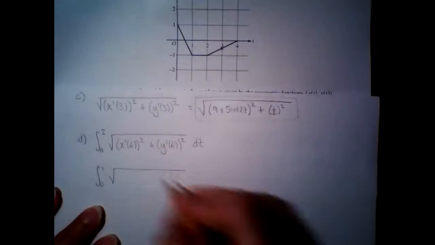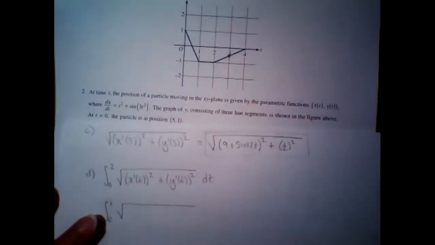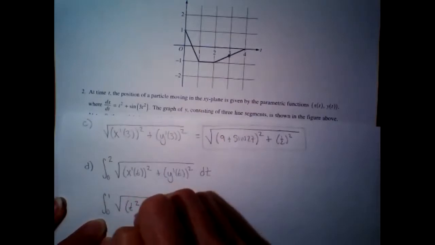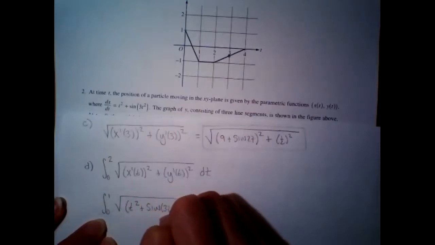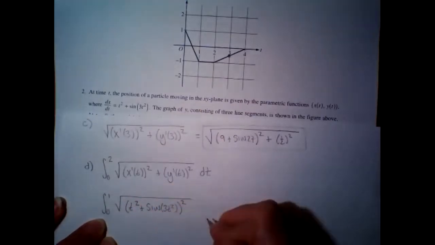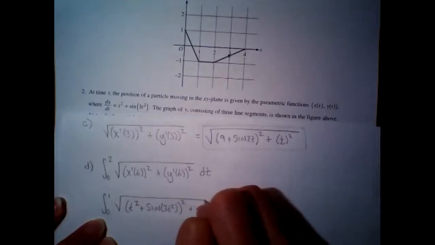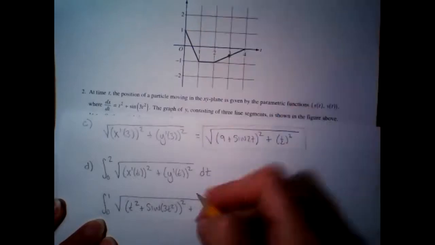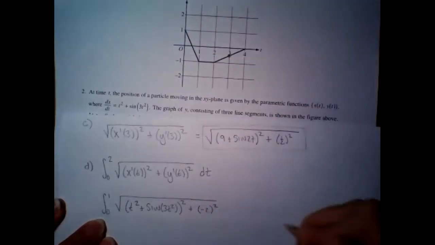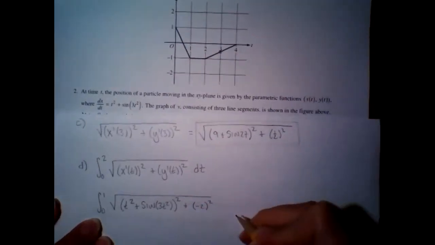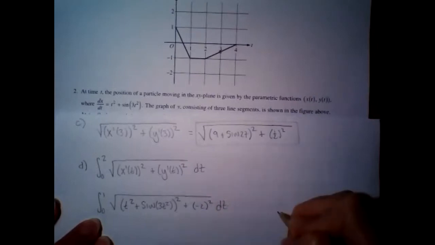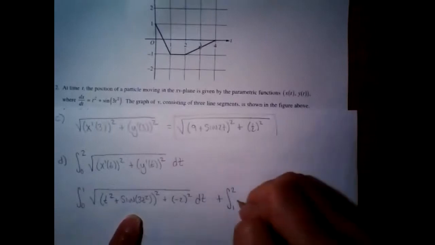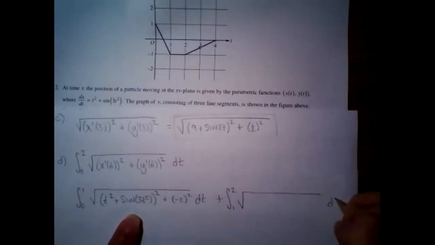So this is going to be the integral of x prime squared, which this is x prime, or dx/dt. So t squared plus sine 3t squared, plus, and then again, for 0 to 1, this slope is -2. So the dy/dt is -2 on that interval, right? dt plus, and then we're going to do from 1 to 2, and it's going to look practically the exact same.